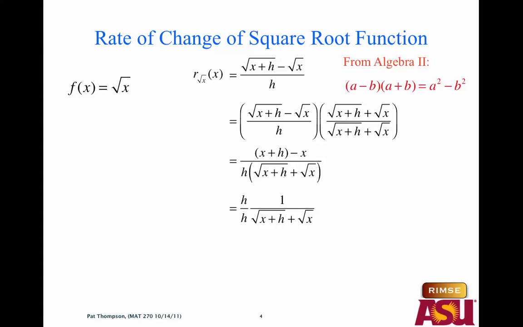When h is really, really small, then after the h's go away, we're left with this, which is 1 over 2 square root of x. So we've got our derivative for the square root of x is 1 over 2 square root of x. That's our shortcut rule for the derivative of the square root of x.